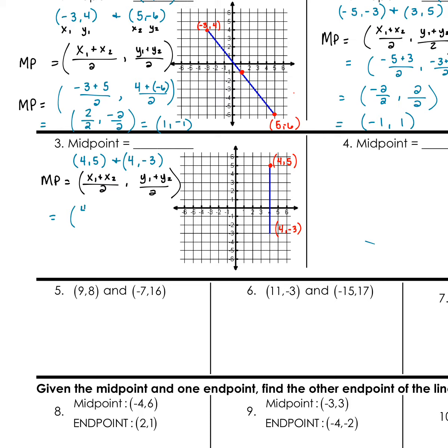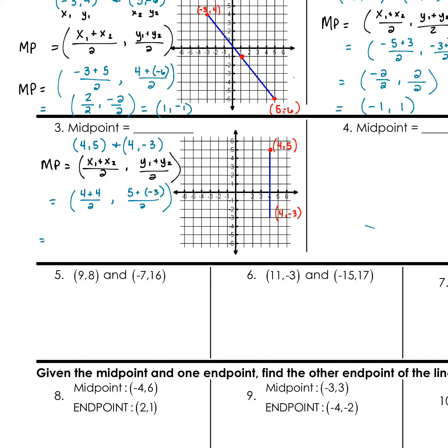So we get 4 plus 4, comma, 5 plus negative 3. 4 plus 4 is 8. 5 plus negative 3, so it's really 5 minus 3 is 2. Reduce our fractions, 4 comma 1. And if we were to plot that, we can see it's a midpoint.